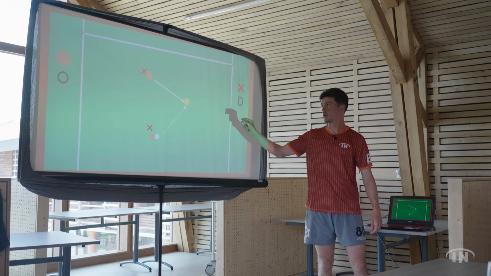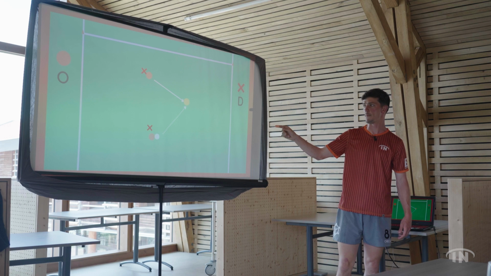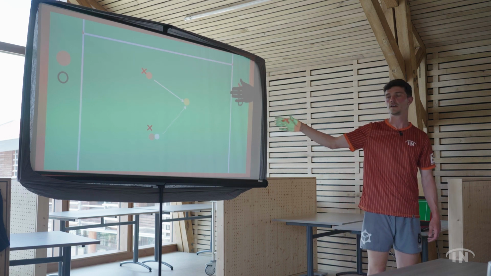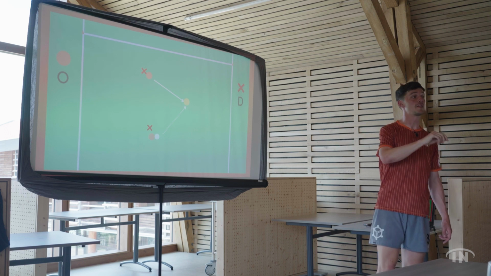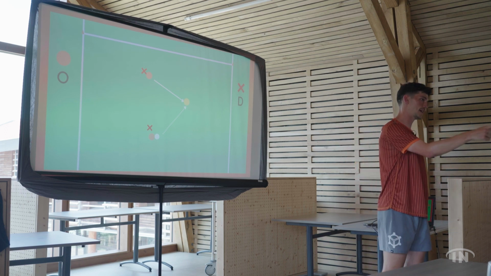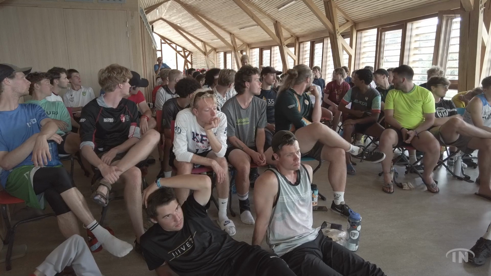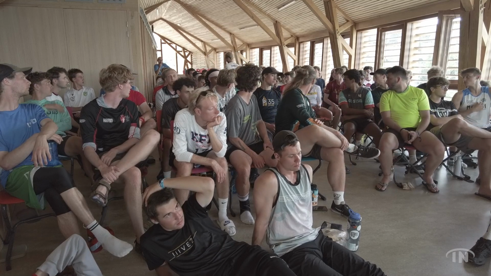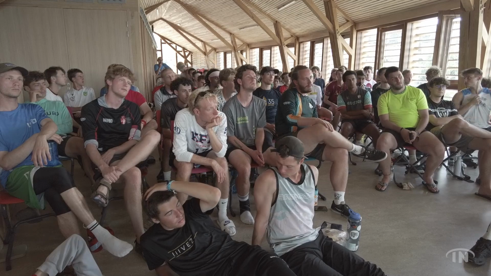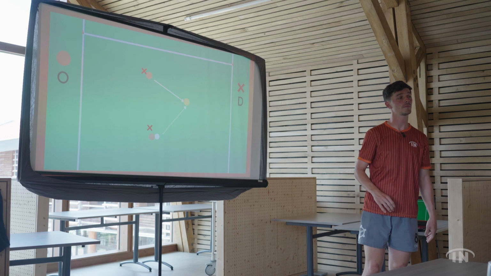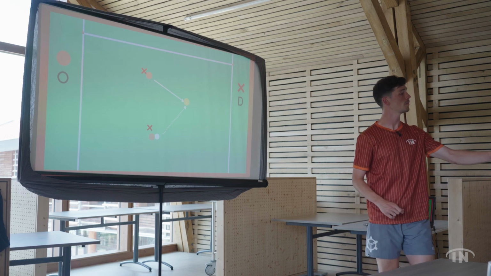What can people notice about the receiving point here between where the disc is going to where the receiver is catching? Yes? The disc is kind of coming from the side, the running player. And the point itself, anything about that? Yep.